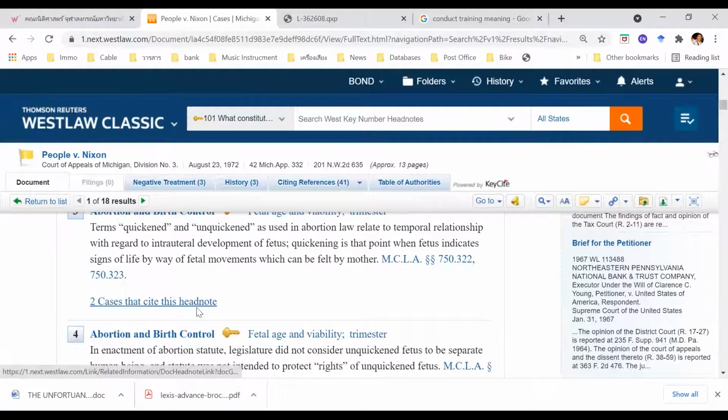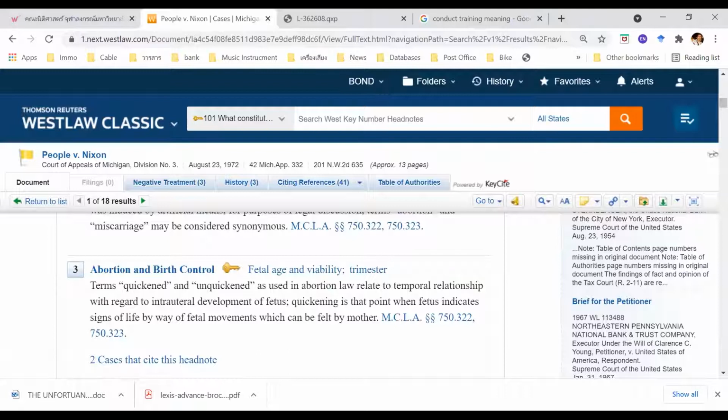Cases that cite this means cases that mention the definition. Maybe the lawyers mention what the constitution says about abortion, and so on. So you can look at that to see the citing cases.